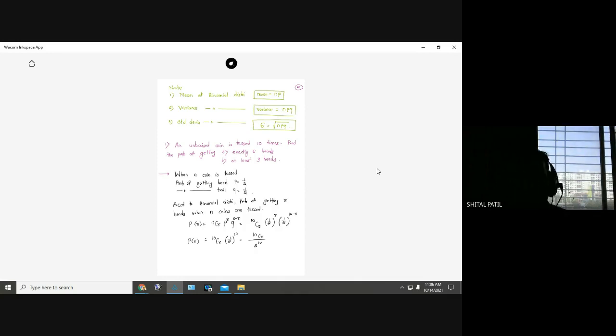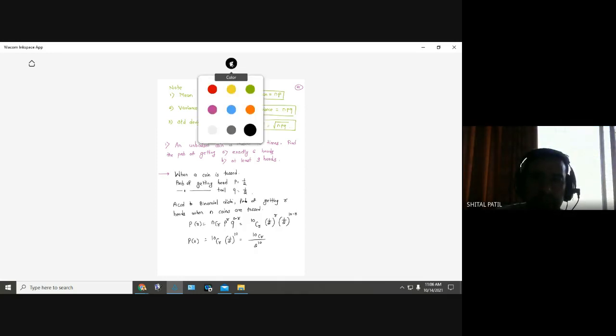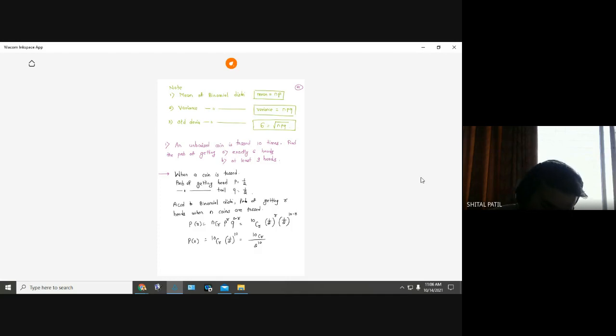I will start with the A part. Probability of getting exactly 6 heads, R equal to 6. 10C6 divided by 2 raised to 10.